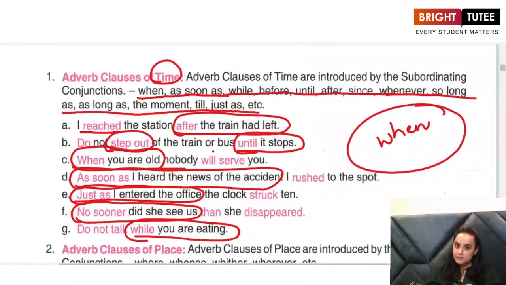And the answers that I am getting to my question when are beginning with a subordinate conjunction like after the train left, or until, or when, or as soon as, just as, no sooner, while. So these are the adverb clauses of time which indicate when an action took place, and the adverb clause will begin with a subordinate conjunction.